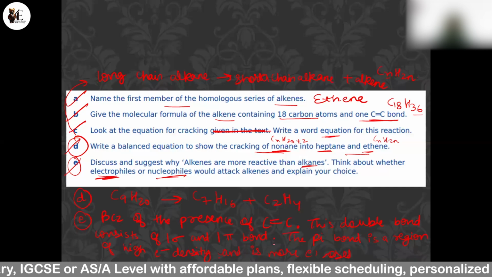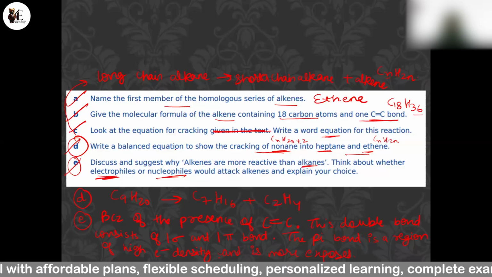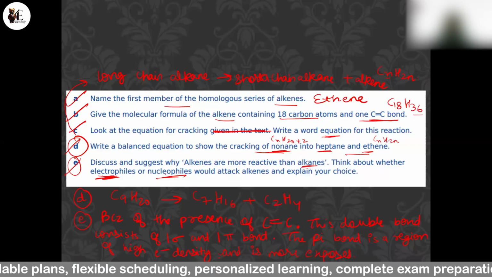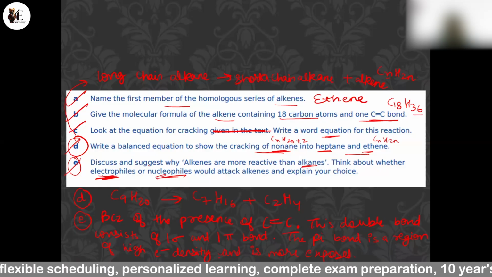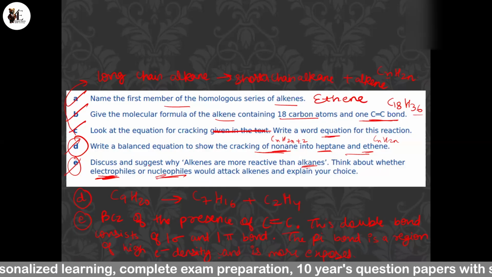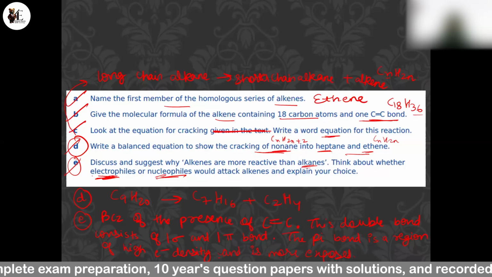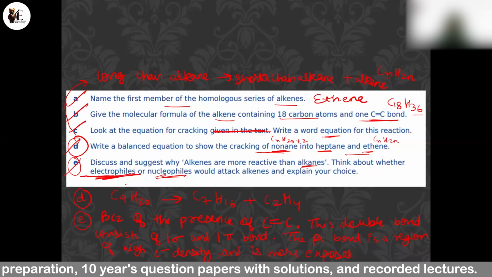Carbon-carbon double bonds have high electron density. So should electrophiles or nucleophiles attack? First of all, tell me, are electrophiles electron deficient or electron rich?